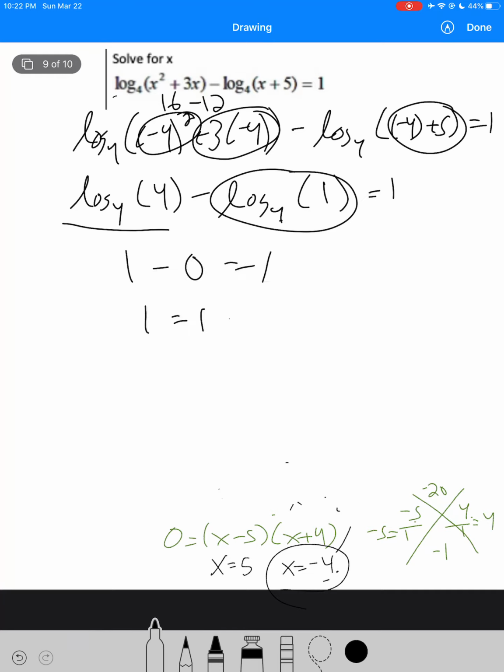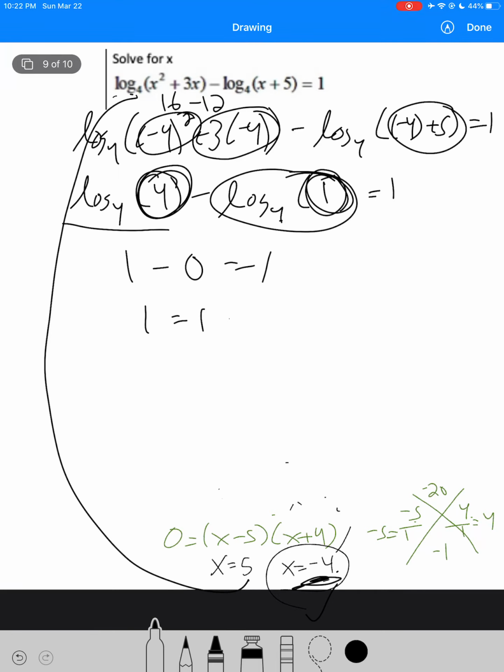So that will work, and that's because these are not negative, even though this is negative. So this is actually true. If you did the same thing, you plugged in 5, it would also be true. So negative 4 and 5 are the two solutions to this one. And that's how you solve log with product property and quotient property.